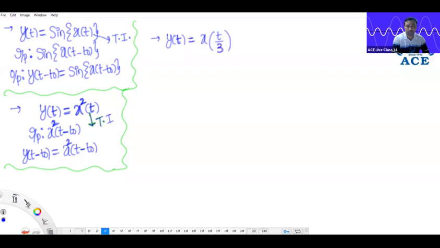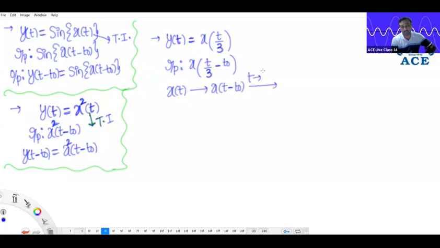Now x of t by 3. What can you say? Now it is variant, because due to input shift, the result is t by 3 minus t naught, since x of t is first shifted and later the system operation replaces t by t by 3.